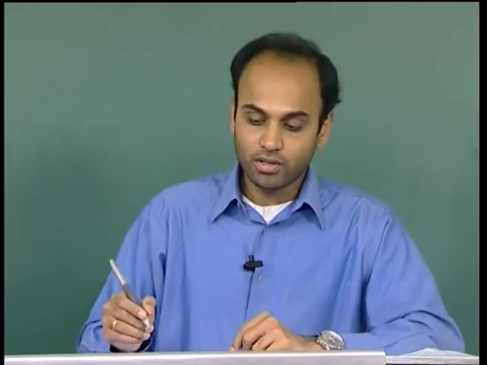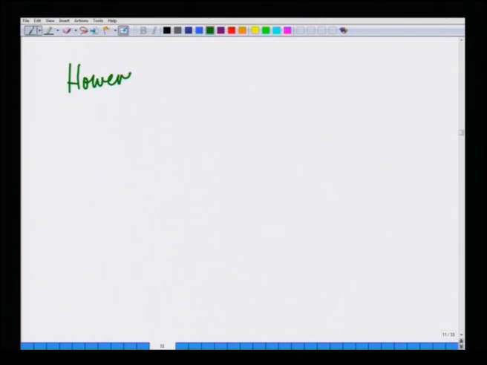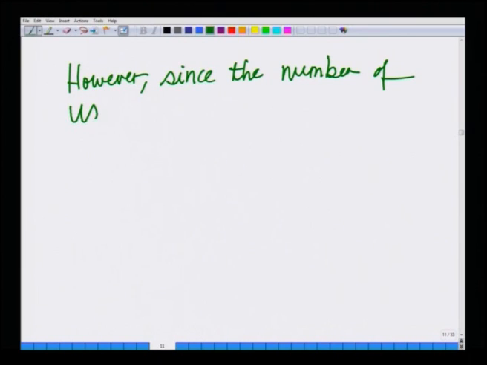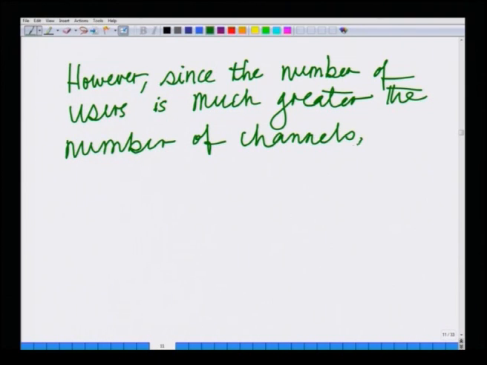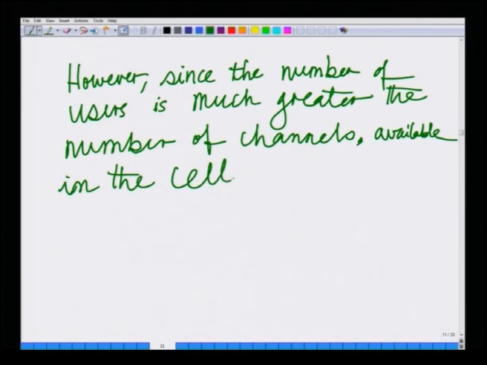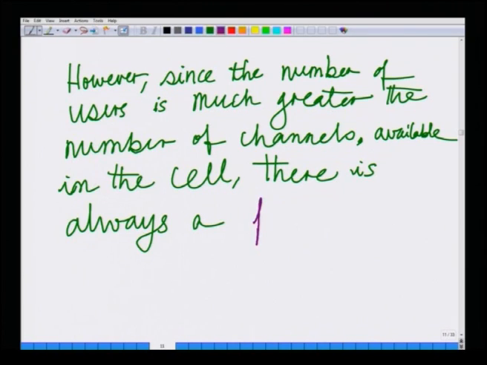However, since the number of users is much greater than the number of channels available in the cell, the finite probability is the key here.